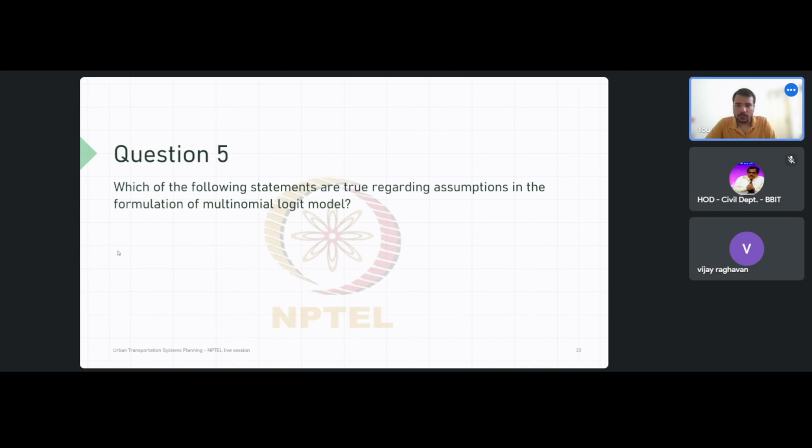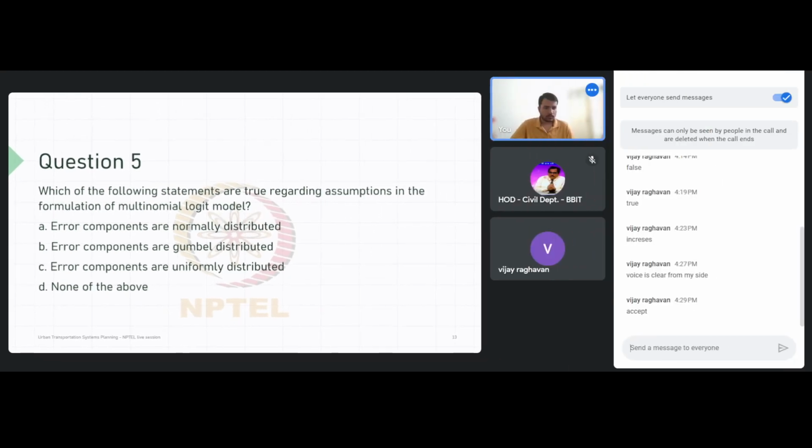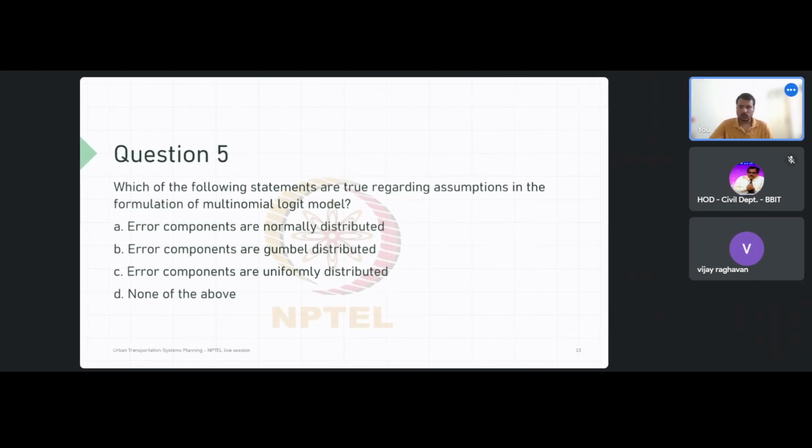Coming to question 5. Which of the following statements are true regarding assumptions in the formulation of the multinomial logit model? Error components are normally distributed. Error components are Gumbel distributed. Error components are uniformly distributed, and none of the above. Can I have a response for this?